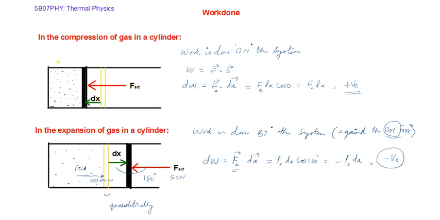For example, if you have an object of mass m, and this object is falling down freely under gravity, there is a force of gravity that acts downward. Clear? Now suppose somebody asks what is the work done by the force of gravity.